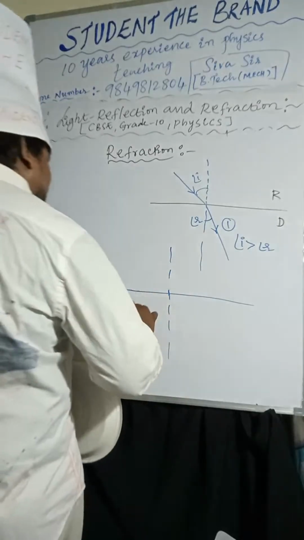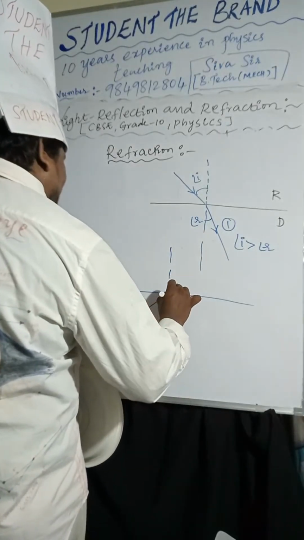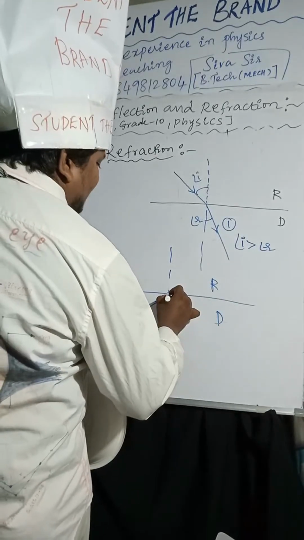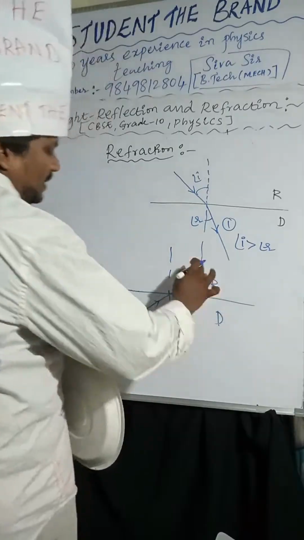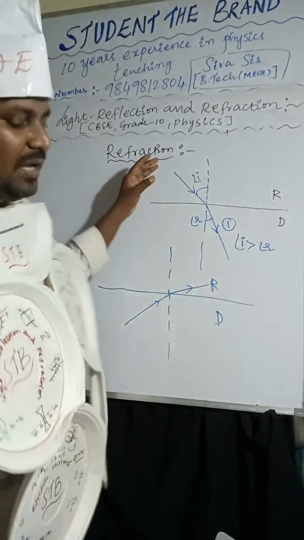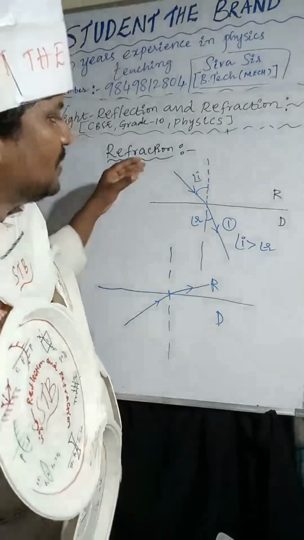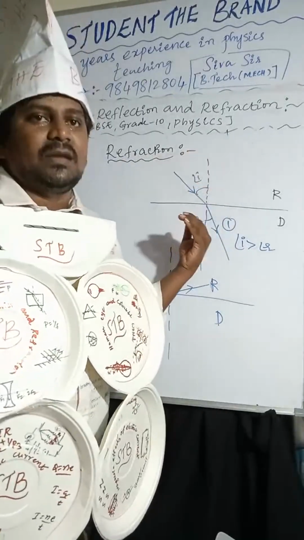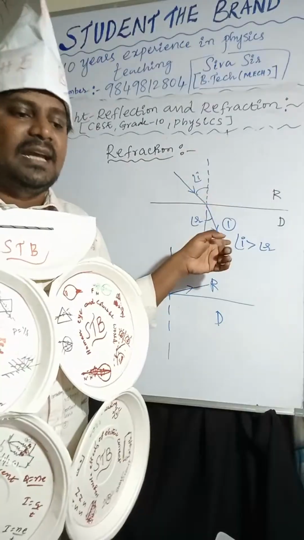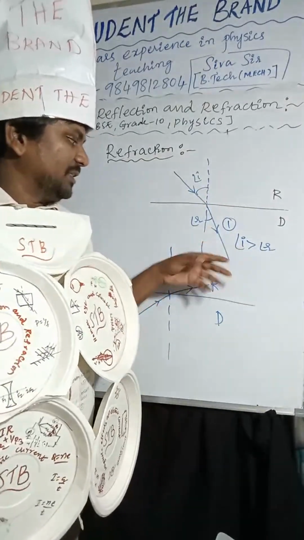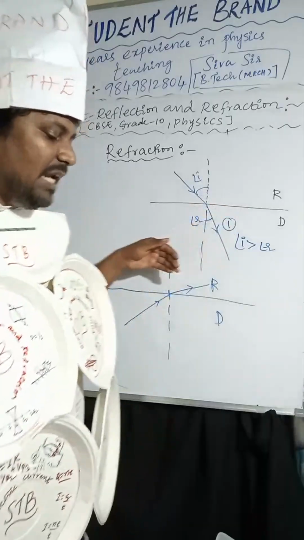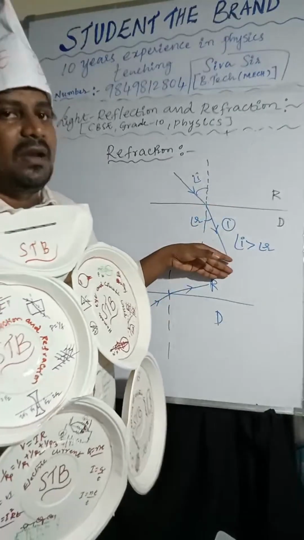If the light ray is passing from denser to rarer, whereas in the rarer to denser case it bends towards the normal line, so the angle of incidence is greater than the angle of refraction. Now the same condition, the light ray passing from denser to rarer.